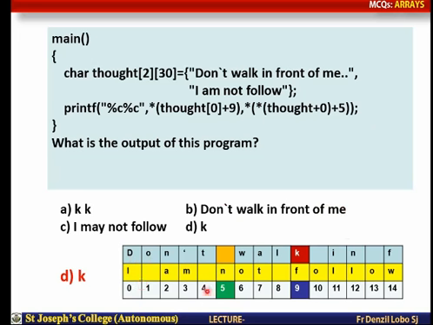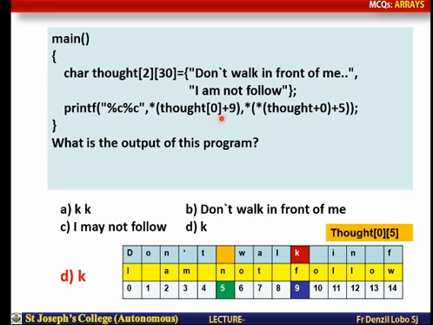So here you got 0, 1, 2, 3, 4 going up to here. First here, don't wait, walk in the, as you said, there is a space here, then walk, there is space here, in space front. So let us say, what is thought 0? That is thought 0 here, thought 0, 5.